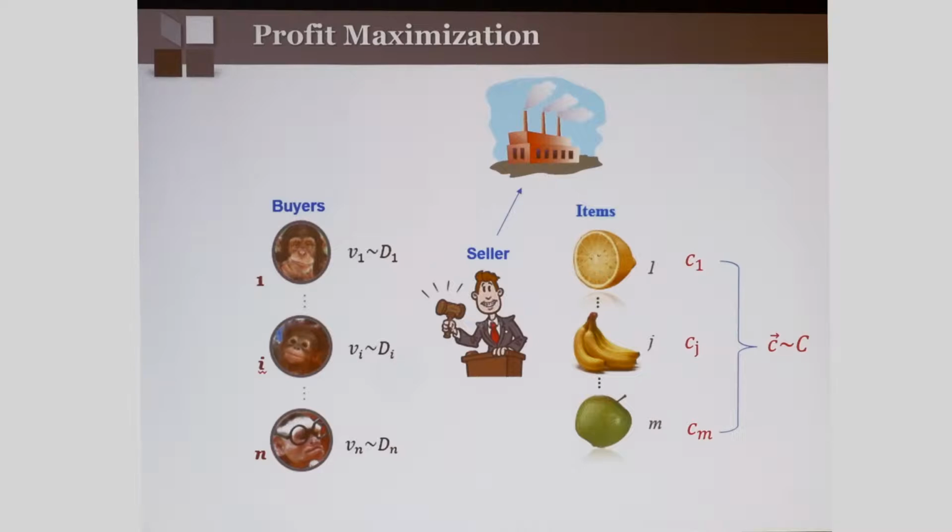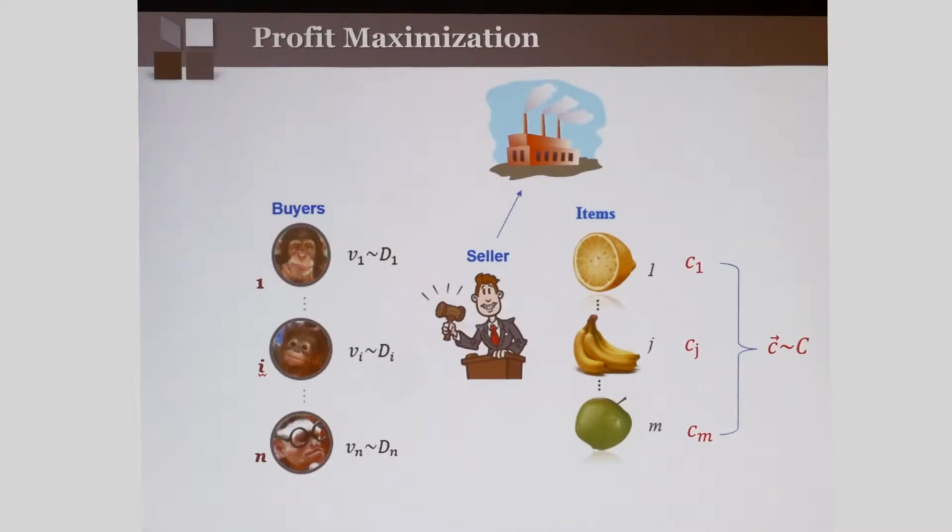Again, this cost vector is drawn from some known distribution, and the objective of the seller becomes to maximize the profit, which is the revenue minus the cost.